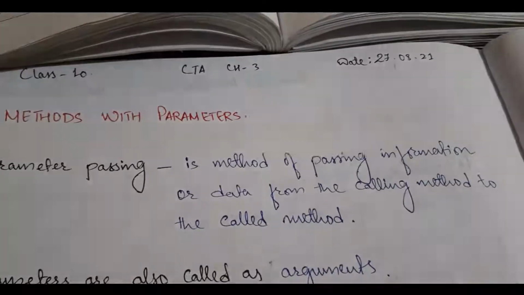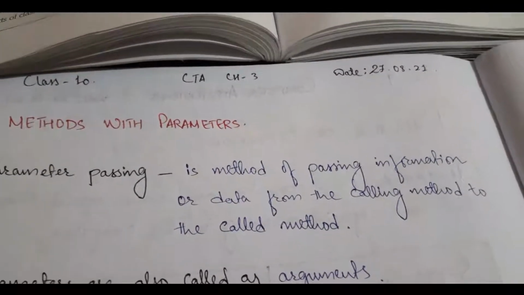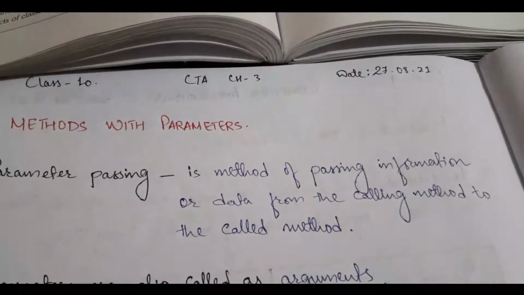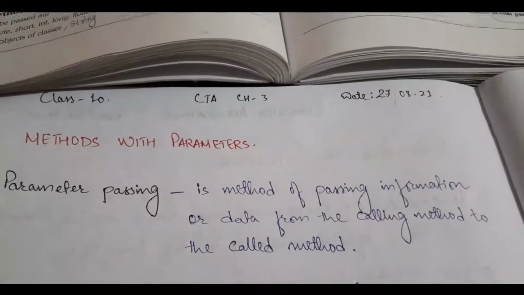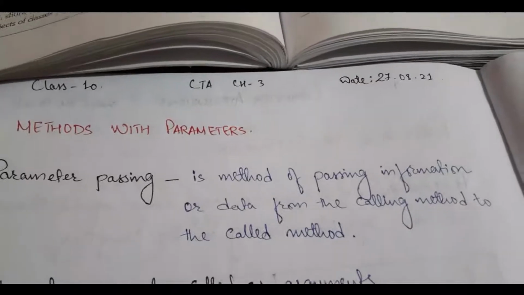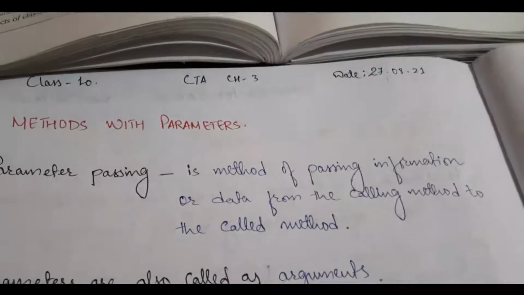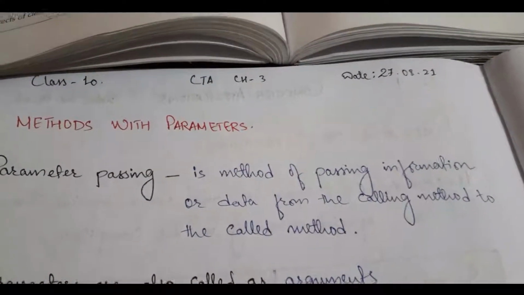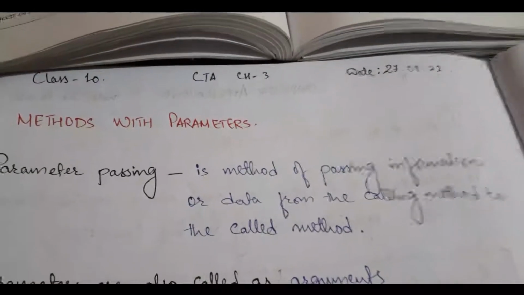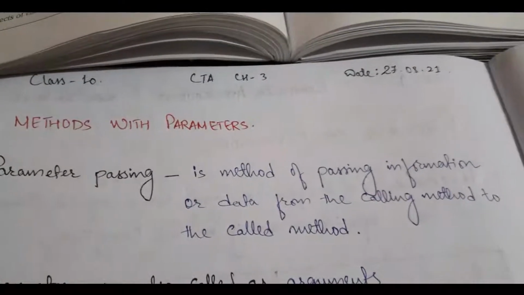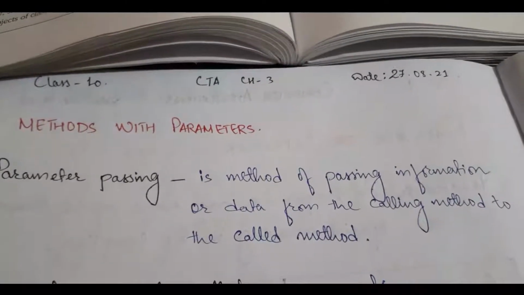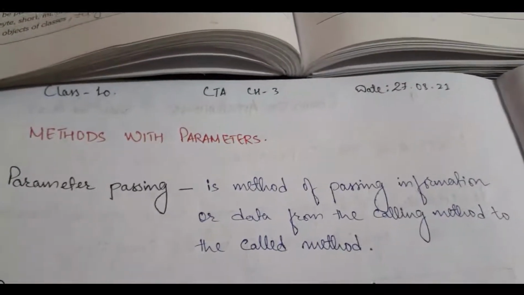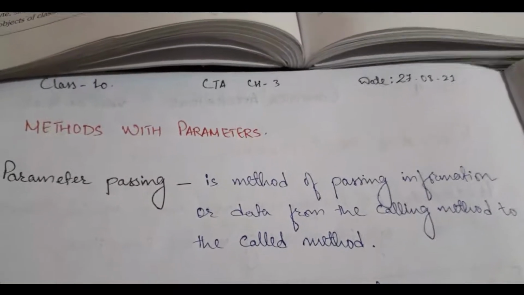One is called the method definition and another one is called the call method or the calling method. The values will be passed from one method to another method, after which the final output will be displayed on the screen. So parameter passing is one way of passing data or information from the calling method to the called method.